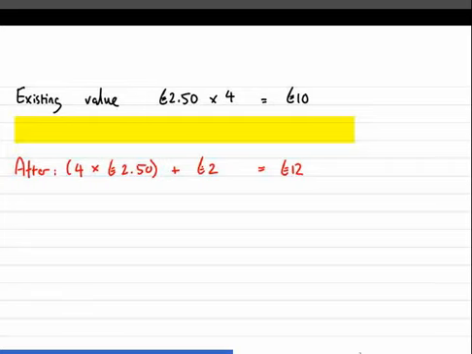So, imagining that there are only 4 shares in issue, the 4 shares in the past were worth £10, the company now has £2 of the shareholders' cash as a result of the rights issue, and so there'll be £12 worth of value spread over 5 shares, which means that the share price, instead of being £2.50, will now be £2.40.